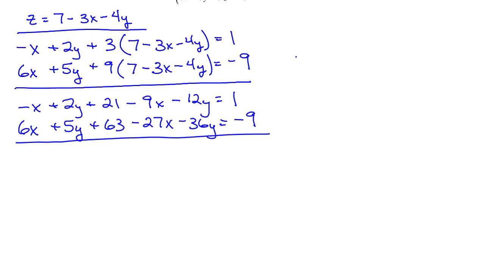So here we have negative x minus 9x, that's going to be negative 10x. 2y minus 12y is negative 10y. And 21 moves over to the right as negative 21, adds to the 1 and gives me negative 20.